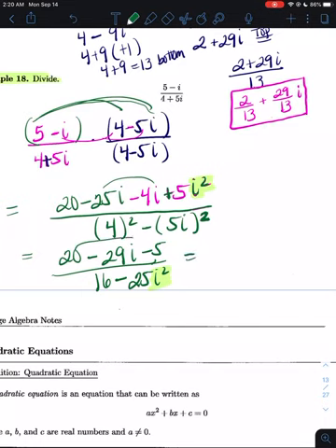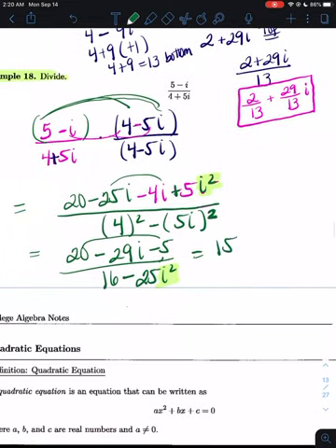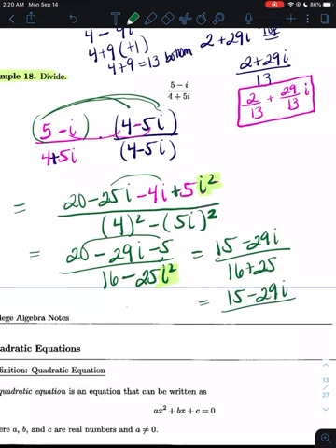So at the top, I want to add the 20 and a negative 5 together. So when I combine those, I get 15 minus 29i all over 16 plus 25, because this i squared makes it a plus 25. So this is 15 minus 29i over 41.